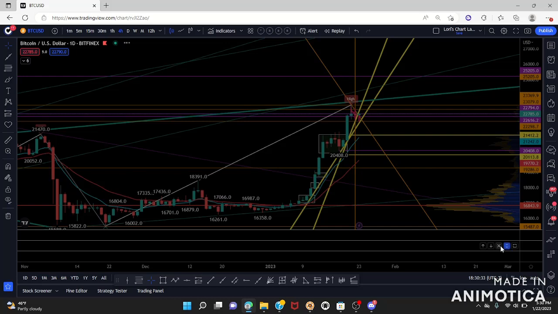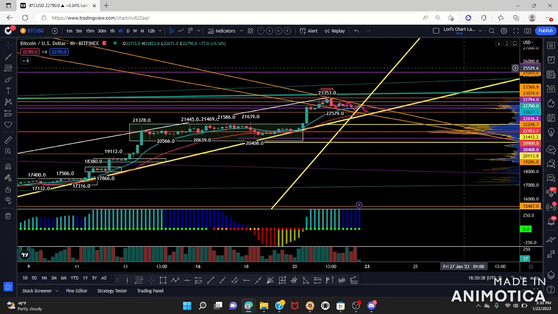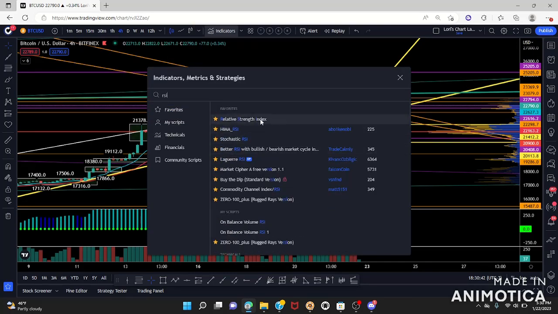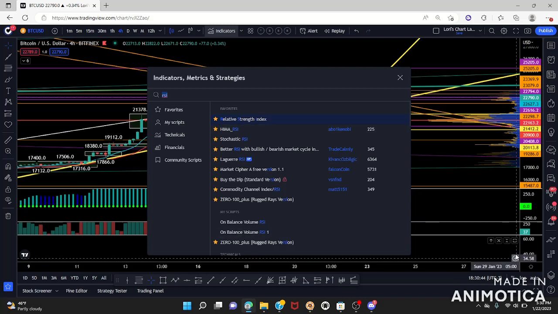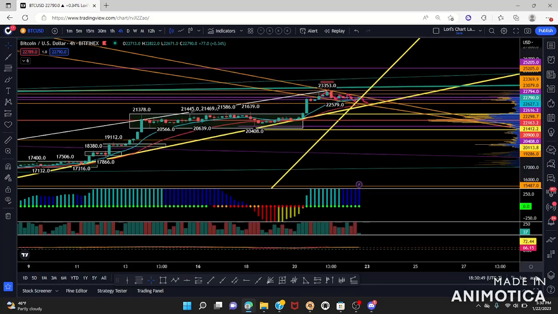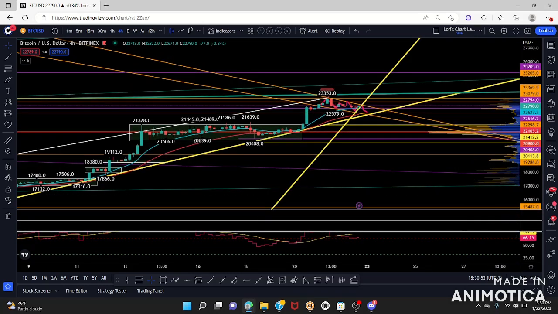Of course, our RSI has been so overbought. Let me pull up my RSI. I keep an eye on my RSI too, just to see if there's any divergence, oversold, overbought.